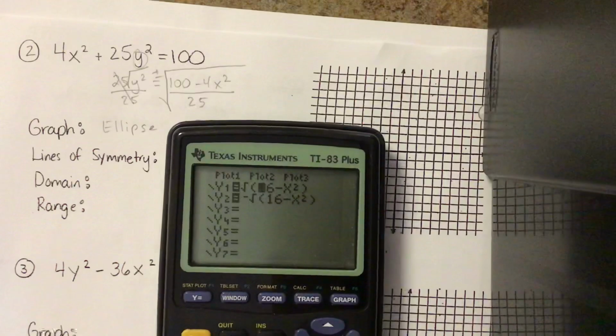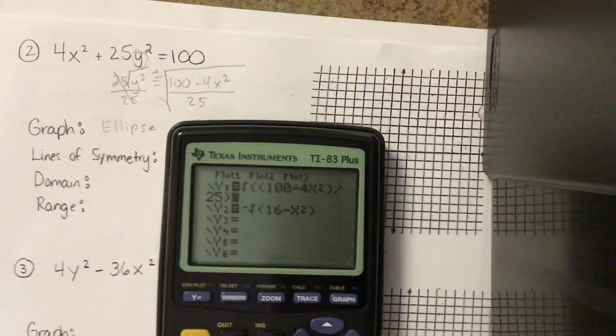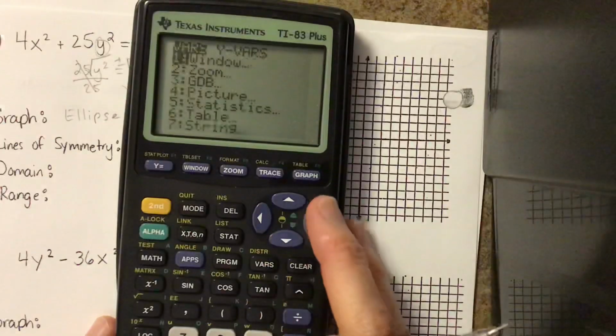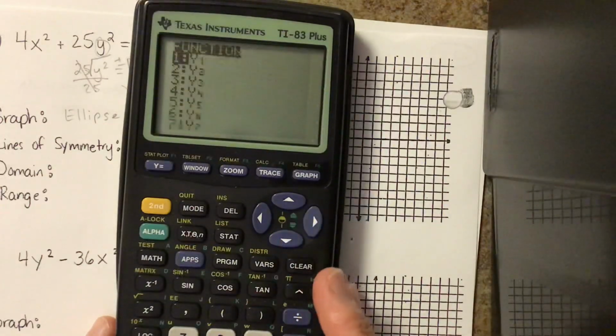So I've got parenthesis 100 minus 4x squared, parenthesis divided by 25, parenthesis, top half. And the same thing, negative. Now, to save myself a little bit of work, I'm actually going to go negative, VARS, y variables, y1.